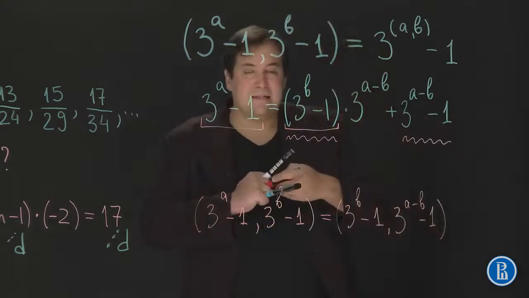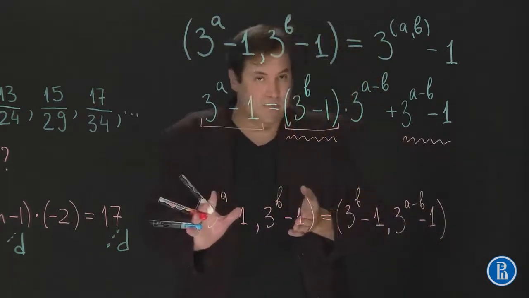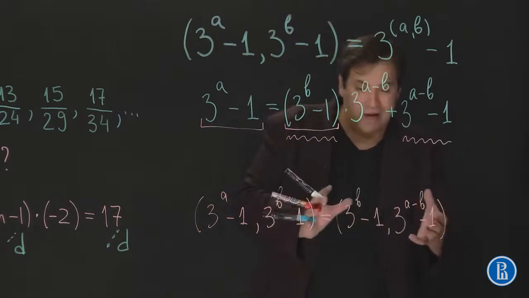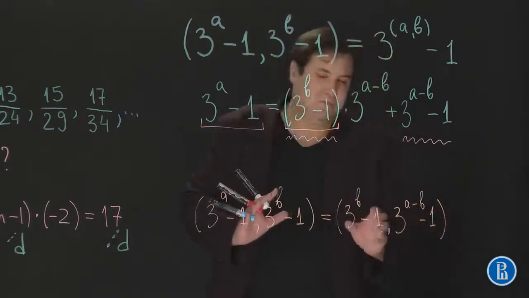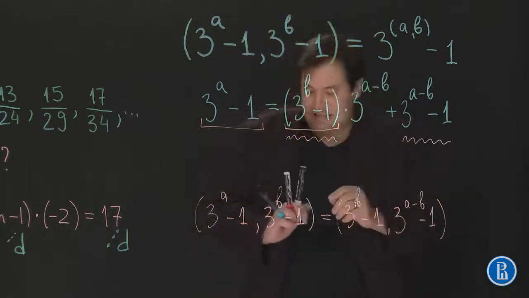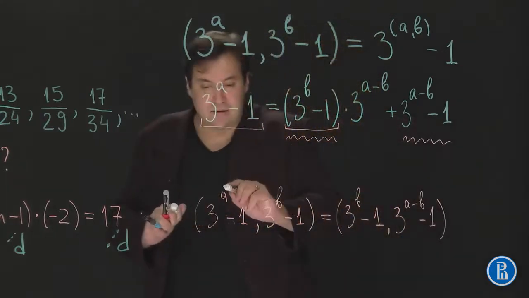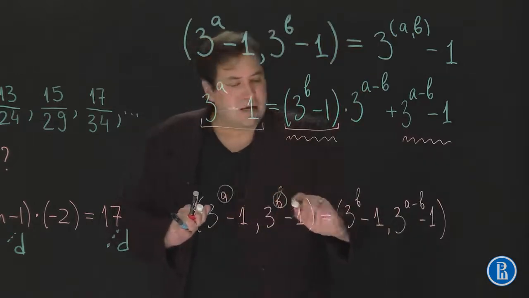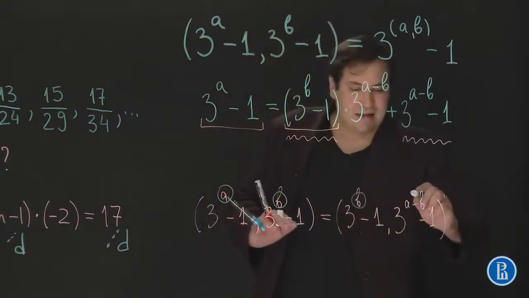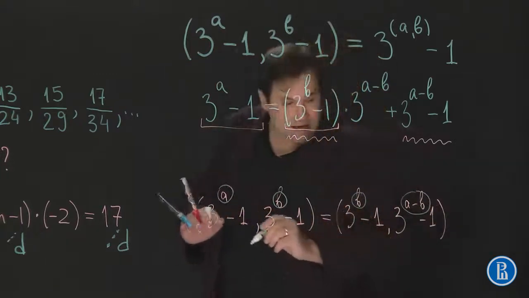And we see that instead of the original pair of numbers, now we have another pair of numbers of the same form, some power of number 3 minus 1. But instead of a and b, here we have b, the same as before, and a minus b.